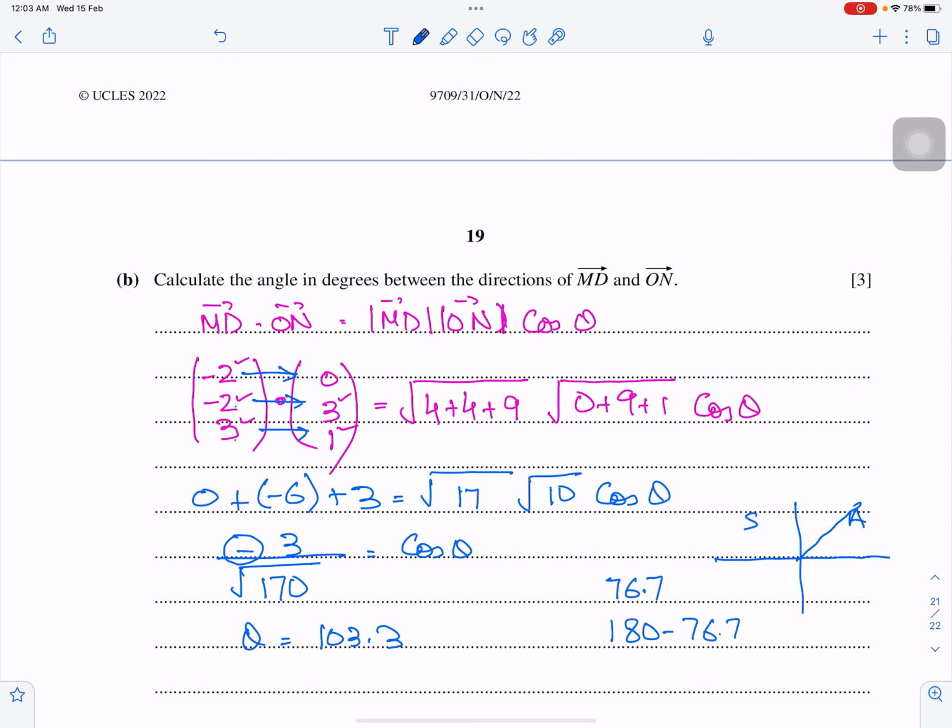In the first quadrant, cos is positive, but in the second quadrant, cos is negative. So when we have a negative sign here, this is giving us a very clear hint that the answer is lying in the second quadrant, so it will be between 90 and 180. Anyway, the calculator will give you this answer straight away. You don't need to worry about it. So you have calculated this value.